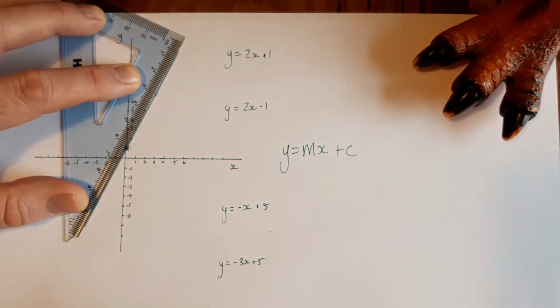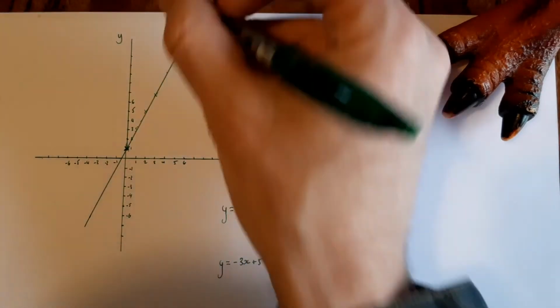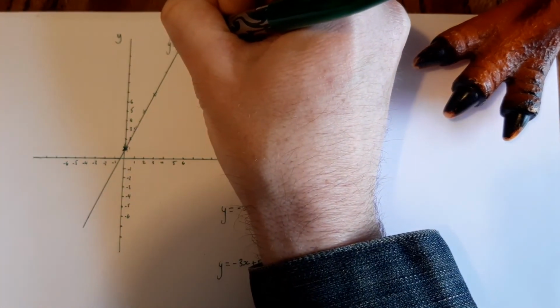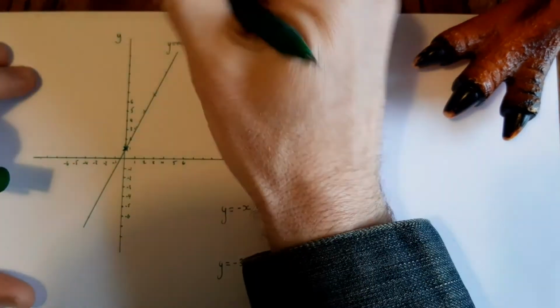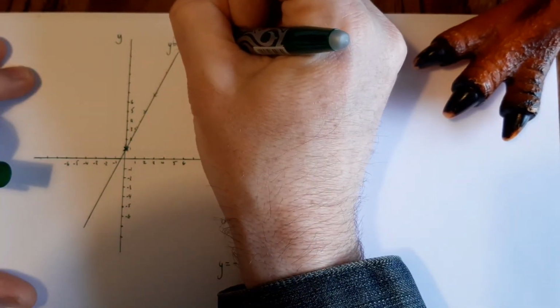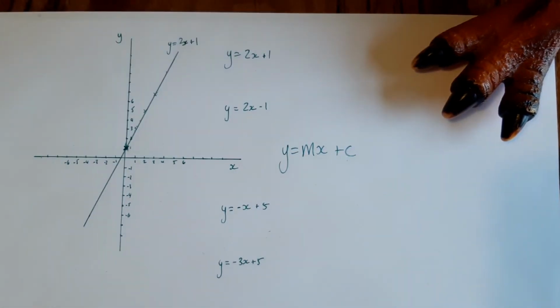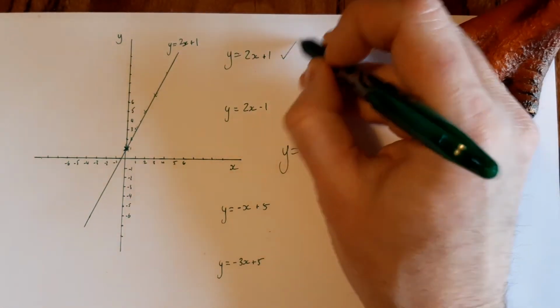You'll notice I rule all the way through my grid, because lines are effectively infinitely long, so we make the line as big as the grid. I can then write y equals 2x plus 1. That's the name of that line, so I put its name right by it.